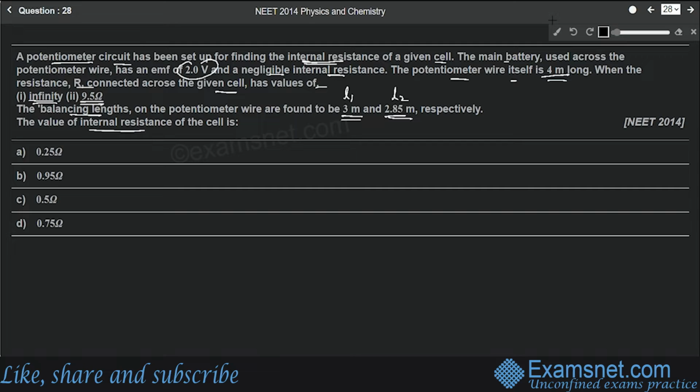So although the question is quite lengthy, the solution is simple. We know that the direct formula for the internal resistance r is equal to (L1 by L2 minus 1) into the external resistance R. Okay, so let's put the values. L1 is 3 meter and L2 is 2.85 meter, minus 1, into the external resistance 9.5 ohm.